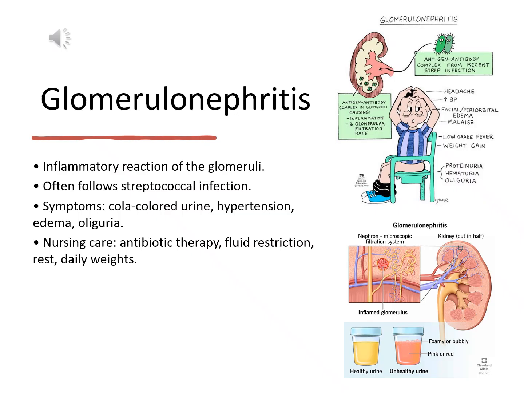Okay, so now we're going to look at glomerulonephritis. This is an inflammation of the glomeruli, which is our kidneys' filtering unit. So glomerulonephritis is an inflammation of those glomerular capillaries, and it can lead to an impaired filtration of the blood that goes into the kidneys.